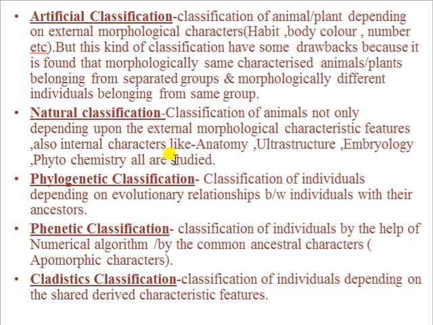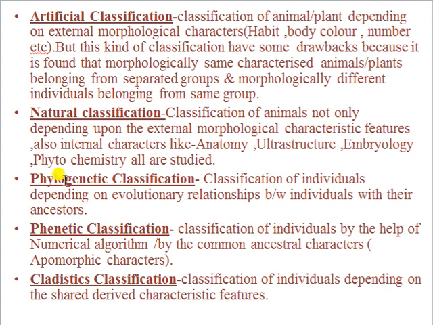So obviously, if we consider internal and anatomical features along with external morphological features, the classification process will be more appropriate. The classification of organisms into proper groups will be done in a proper manner. So natural classification is more appropriate than the artificial classification system, and we follow this natural mode of classification nowadays.